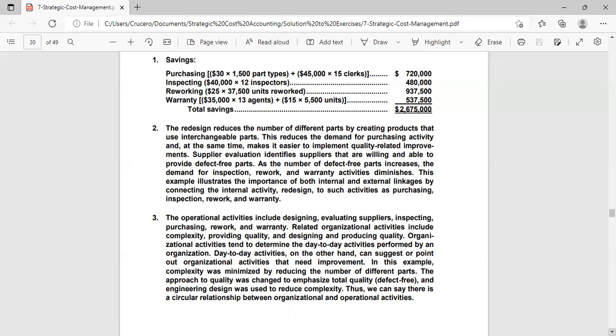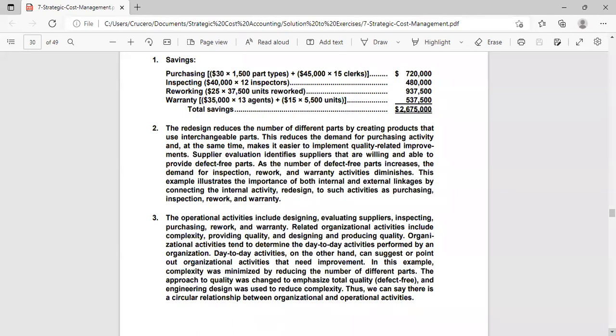As the number of defect-free parts increases, the demand for inspection, rework, and warranty activities diminishes. This example illustrates the importance of both internal and external linkages, by connecting the internal activity redesign to such activities as purchasing, inspection, rework, and warranty.